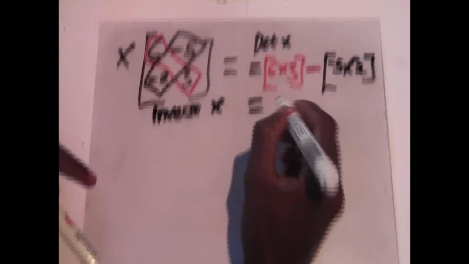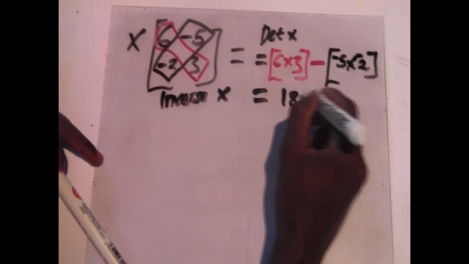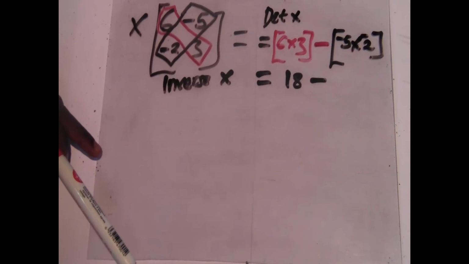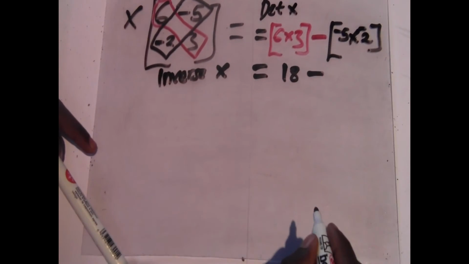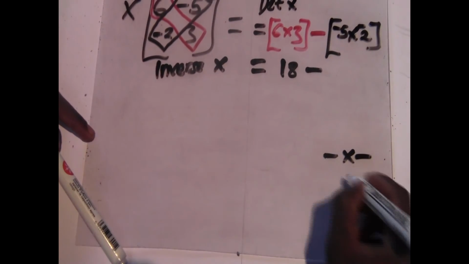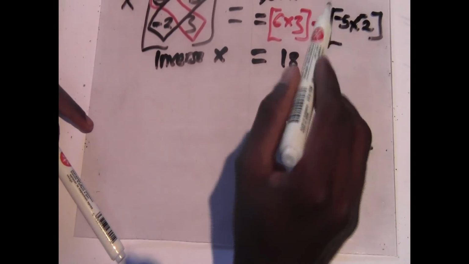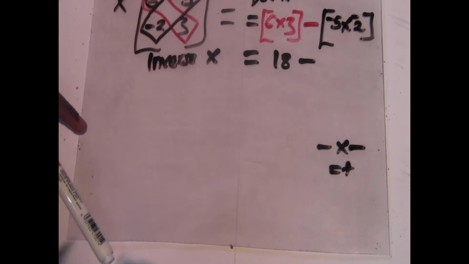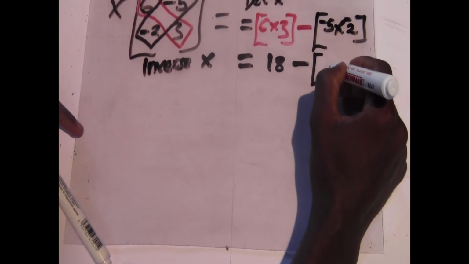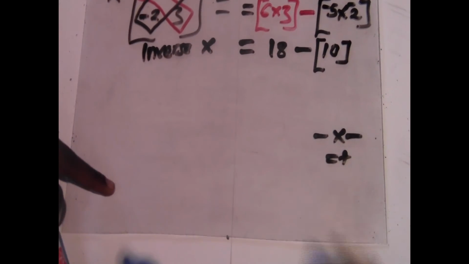So our leading diagonal, 6 times 3, you get 18. Subtracted by the next term. As I said in our previous video, a negative multiplied by a negative, you're going to get a positive. So for our case, -5 times -2, our answer in the bracket is going to be +10.